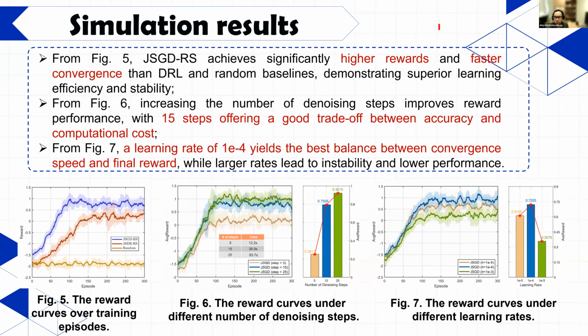One insight is that we are able to increase the number of denoising steps to improve the reward performance. However, at a certain point, the reward improvement becomes stagnant, and we found that 15 steps of the denoising already provide a good trade-off between the performance optimality in terms of the accuracy and computational cost.